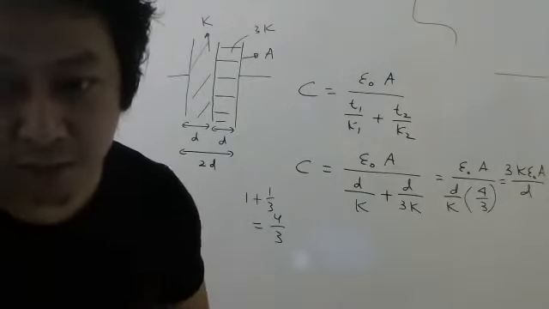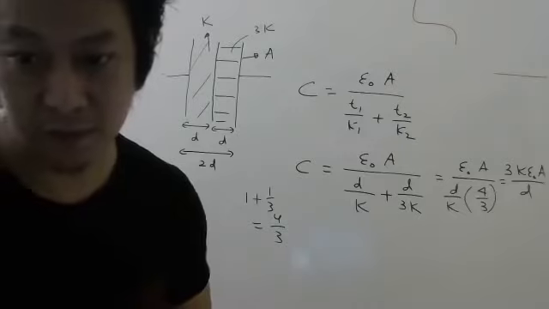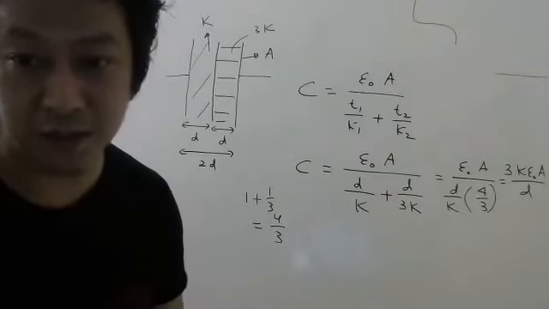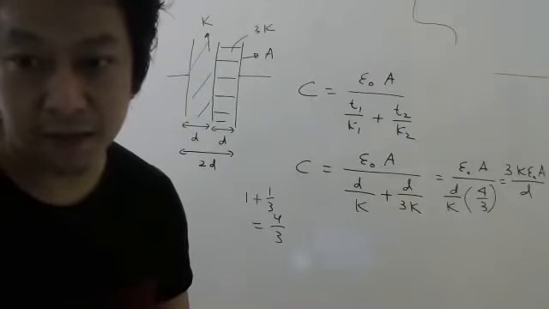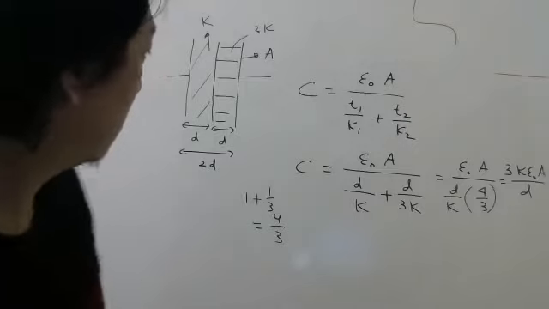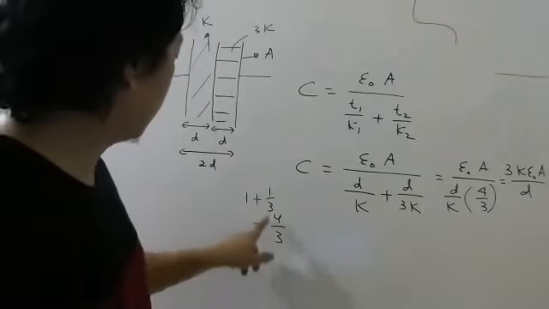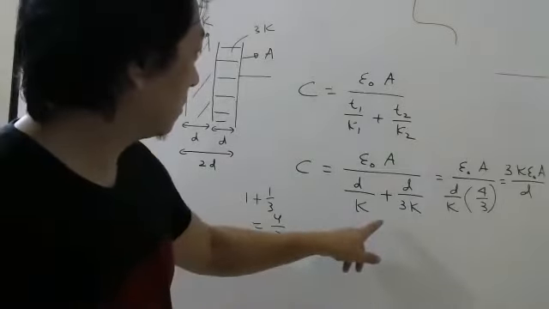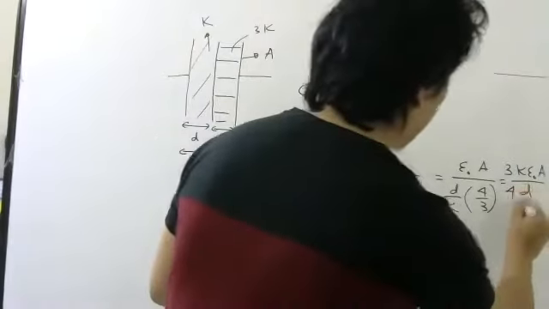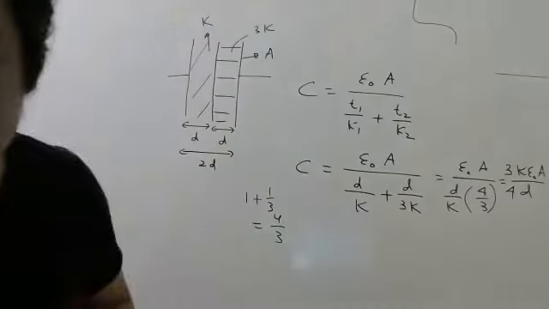Rakshita, you have to solve the problem. You wrote only the formula. T1, T2 you have not substituted. 4D means what? 1 plus 1 by 3 is 4 by 3, no? Oh, 4 is missing. Correct, correct. Sorry. Thank you.